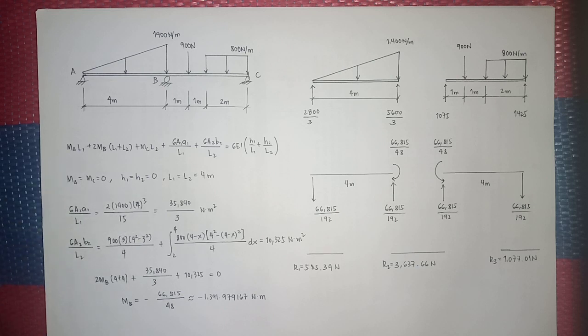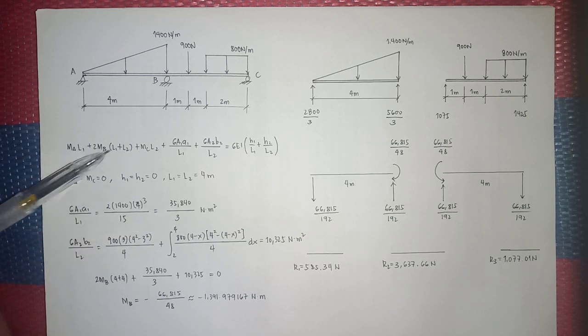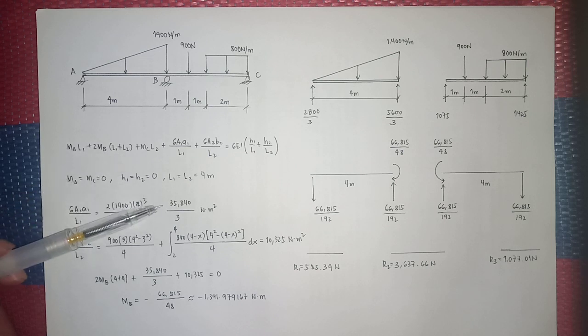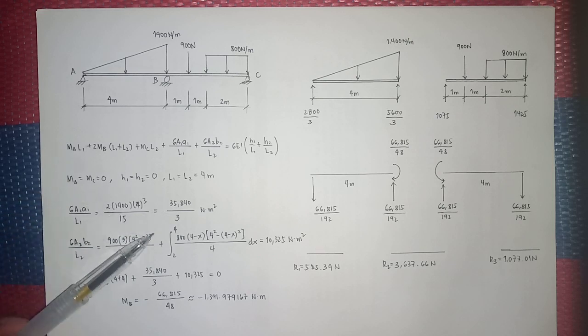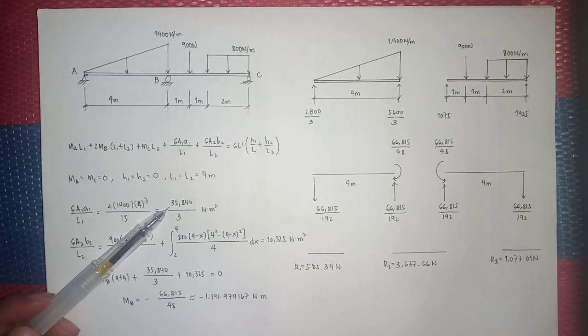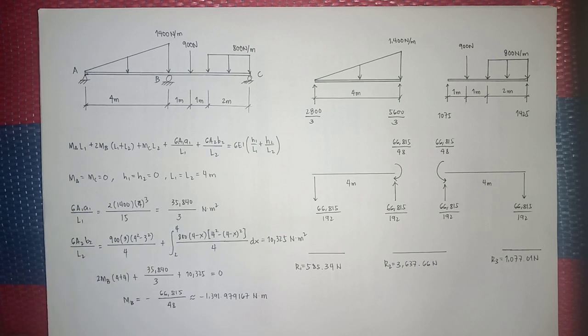Okay, it's better to write the 3-moment factors and even the other quantities here in terms of fraction. Mamaya natin malalaman yung significance kung bakit, no? So leave that for accuracy. Okay? And then, take note this is 35,840 over 3. And take note the unit, this is Newton meter squared.